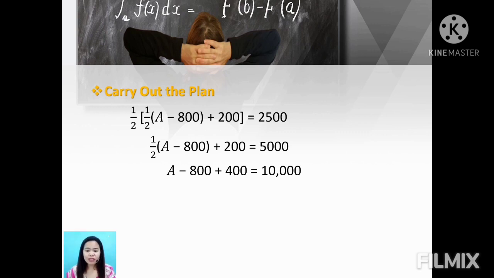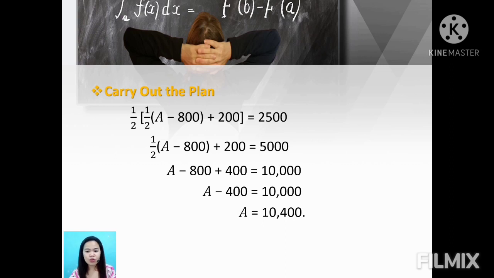These constants are alike, so negative 800 plus 400 is negative 400. So, we have A minus 400 is equal to $10,000. We move this to the right side. We have A equals $10,400, which was our answer earlier.